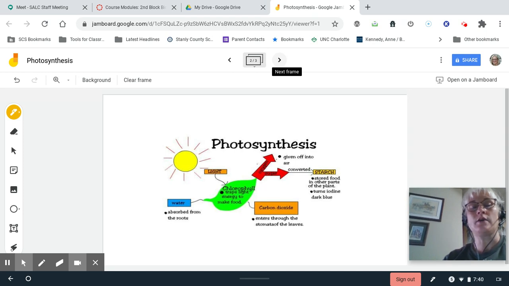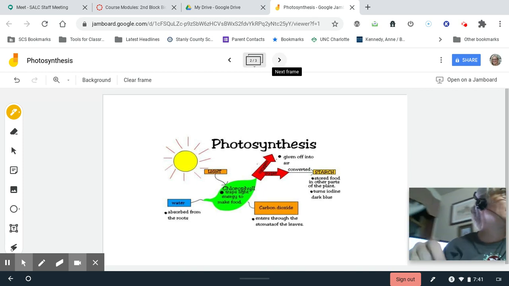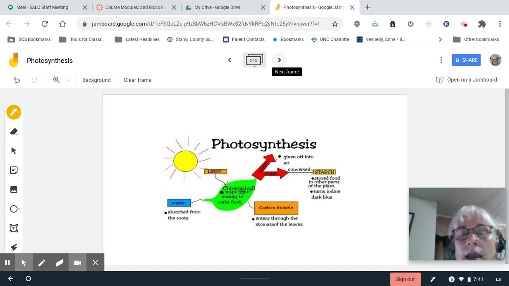The water that the plant takes in and the carbon dioxide that the plant takes in carry out that chemical reaction, and it releases oxygen and then glucose, which is starch and is stored as food.